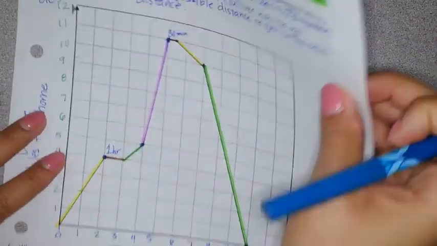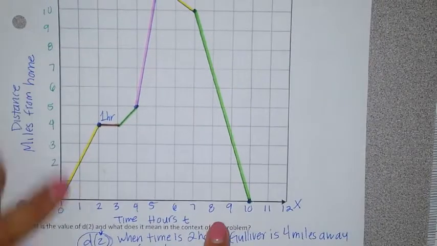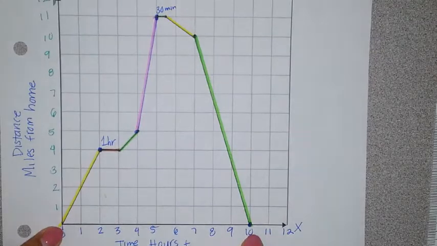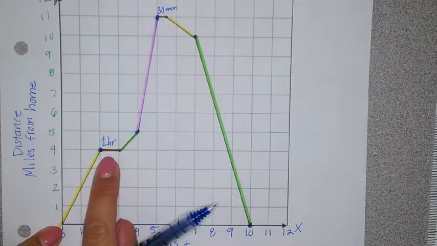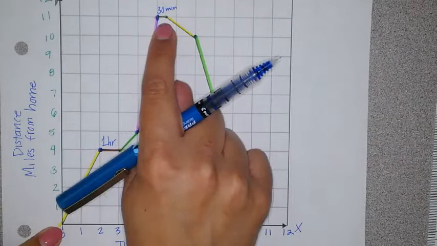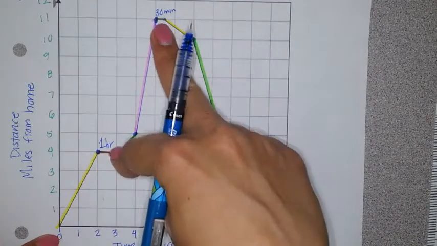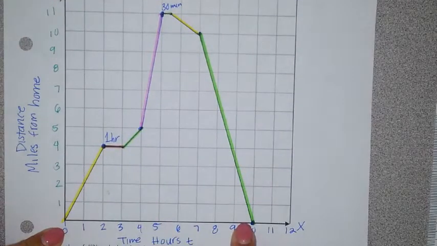The total time, one more time, for the whole experiment, in other words, the domain, is 10 hours, from when he left home to when he arrived home. And he's traveling most of it except for this 1 hour that he doesn't travel, he's resting, and that 30 minutes where he's not traveling, he's resting. So we need to subtract this hour and a half from the whole time he was there.